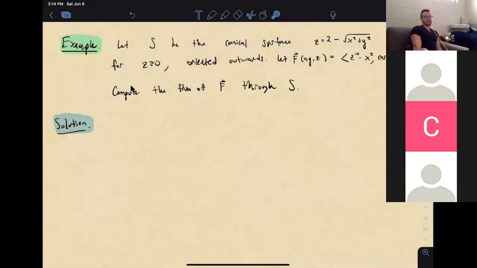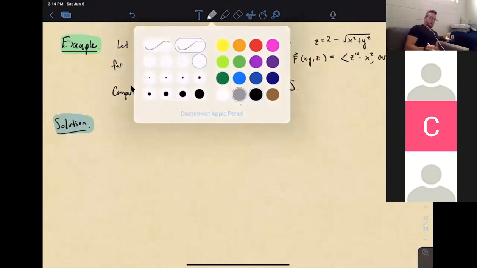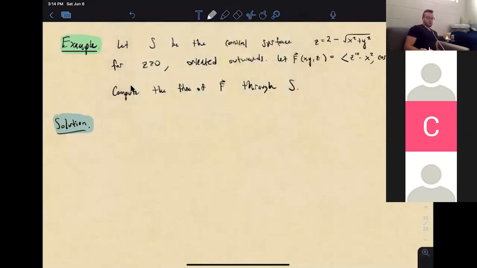Anyway, we have a conical surface, z equals 2 minus the square root of x squared plus y squared, z bigger than or equal to 0, oriented outwards. And we have a vector field, and we want to compute the flux of the vector field through the surface. Let me draw a picture, and you guys can brainstorm.